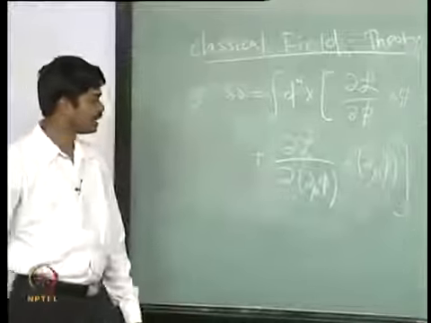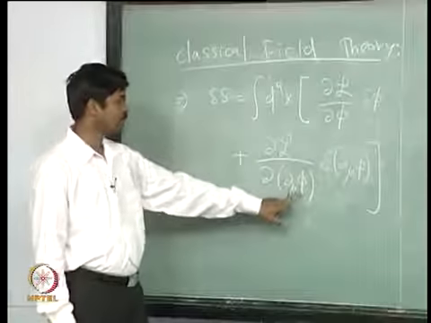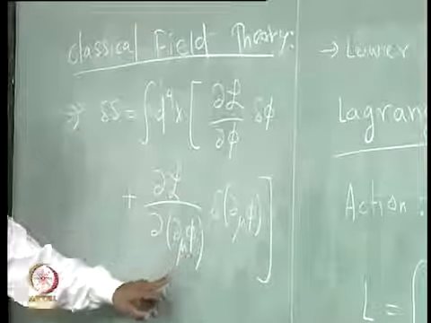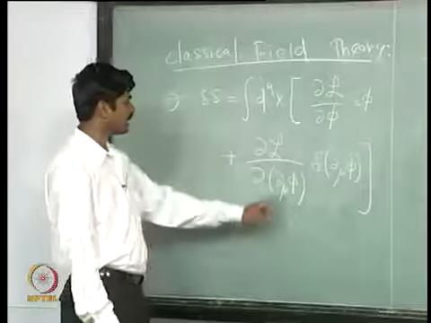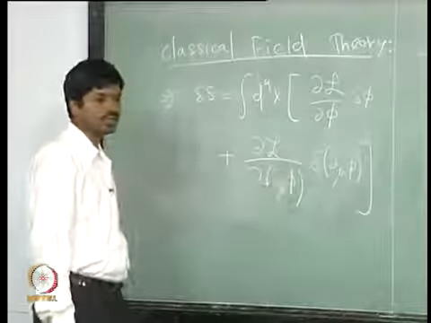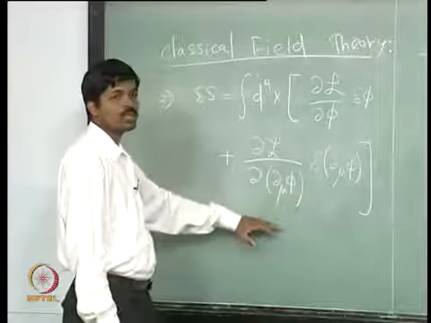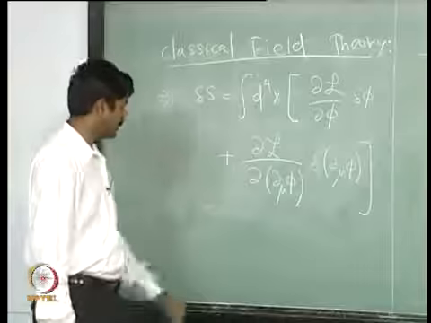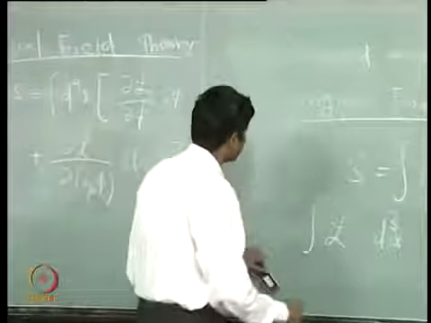Here I am assuming that the Lagrangian contains only a single derivative of the field phi, and is also a function of phi. If there are multiple derivatives, for example, if the Lagrangian contains a second derivative of the field phi, then you will have one more term and so on. However, we will not consider that case at this moment.